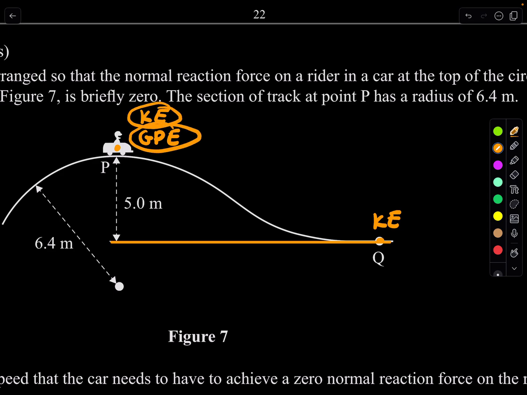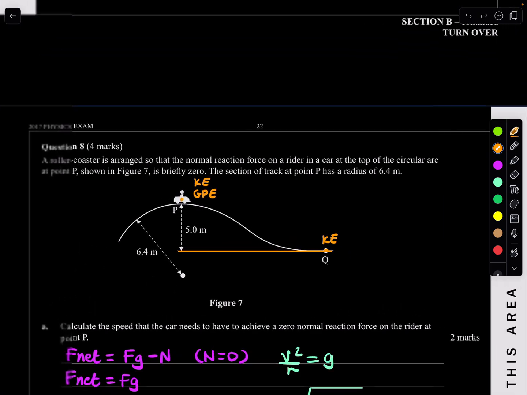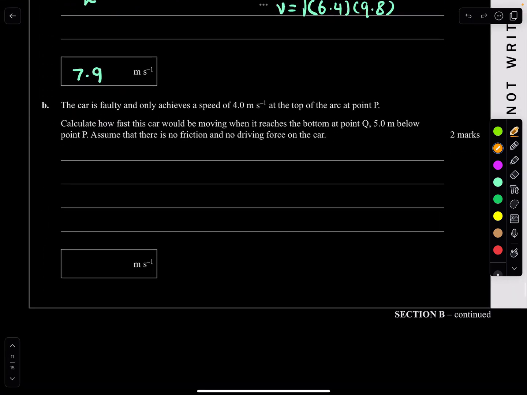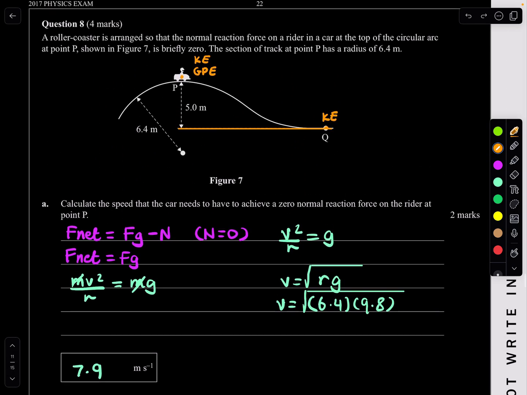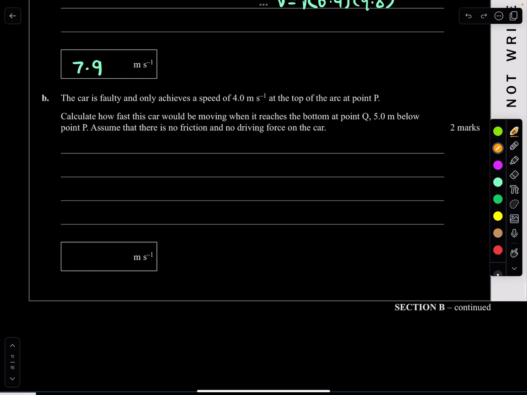We know if we add these two, it should be equal to this kinetic energy at the bottom of the Q, because of energy conservation. So, and that's what we want to do. We want to calculate what is the speed at Q. So again, we're going to write kinetic energy at the top. So kinetic energy plus GPE, this is at the top, is equal to the kinetic energy at the bottom.